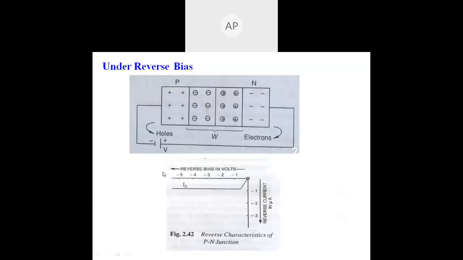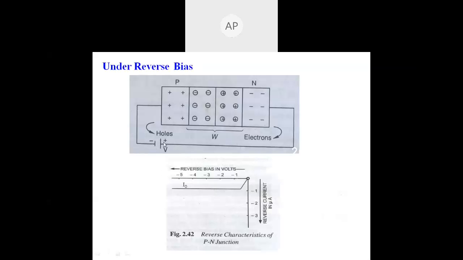Under the reverse bias, the positive terminal of a battery is connected to the p side and the negative terminal of the battery is connected to the n side. Before applying the external potential, we have a barrier here. Now if we connect the battery, it emits negative ions as well as positive ions.